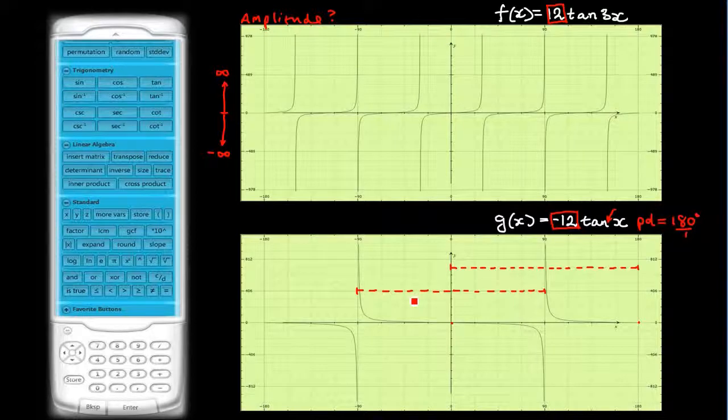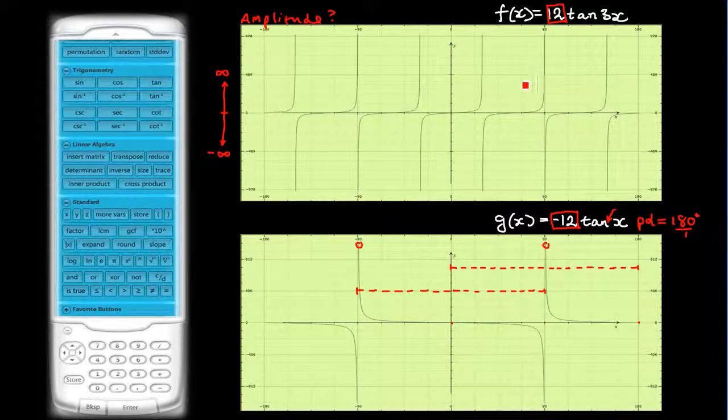And again, have a look what's going on with the graph. It's then going down, tending towards infinity, and so it's going to reappear here, and sure enough it does the same here as it does here. It starts again. So I can be certain that it's drawn it correctly. In other words, I've got a period of 180.